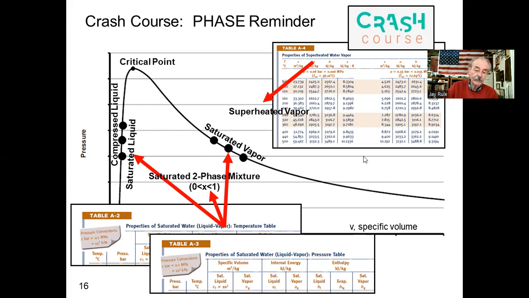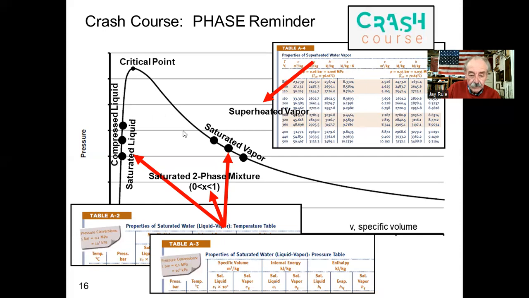What do you do? Well, this tries to give you a visual of what you do. If you're a superheated vapor, you go to the superheated vapor tables, whether it's water, refrigerant, or propane, and you're going to look up the U value. So for example, here's U, my little cursor here. Here's U values that are tabulated for a bunch of different pressures and temperatures.